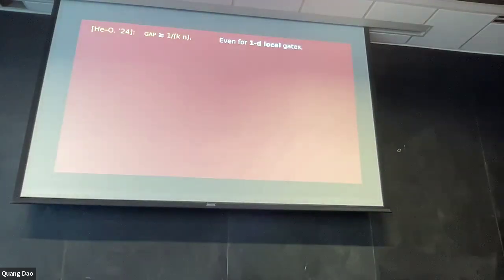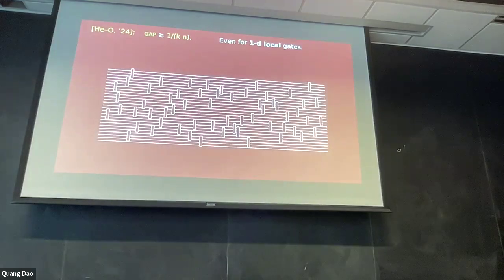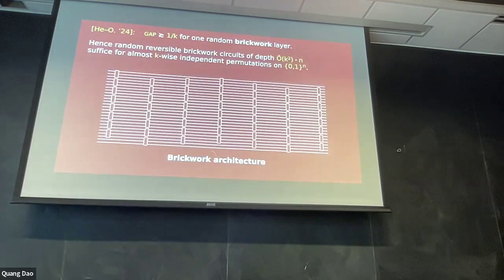Oh wait, there's more. People really seem to get into working on this problem in 2024. Actually, one additional thing we did, if you remember, this is the picture for 1D local gates, and then there was this picture for brickwork architecture. We also showed that the spectral gap, if in one step of your random walk you put down 1 big layer of gates, then you might hope that we get rid of the factor of n in the gap, and we show that it does.